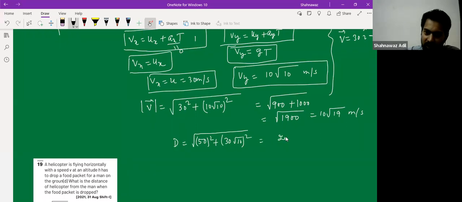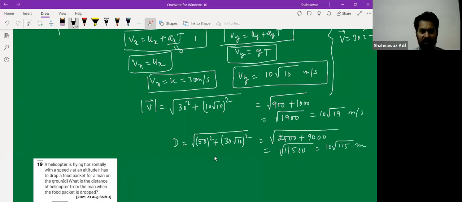So this is 2500 plus 9,000. Okay. So this is 11,500. So this is 10 root 115. Okay. Understood. Any doubt?